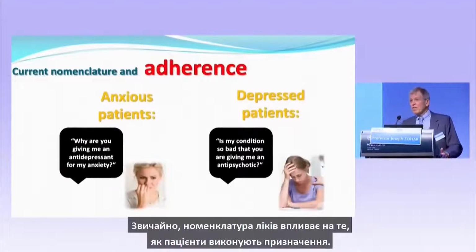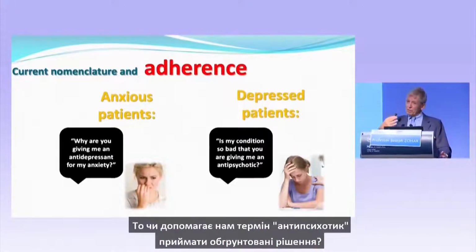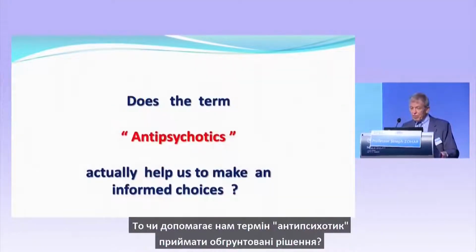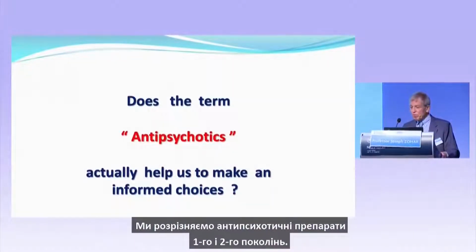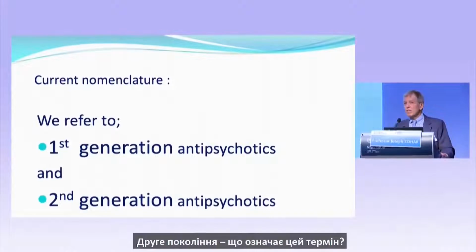And of course, it has an implication on adherence. The patient going back and the family, the patient trying to understand why their depression is being treated with antipsychotic. Does the term antipsychotic actually help us to make informed choices? We actually talk about first-generation antipsychotic and second-generation antipsychotic.